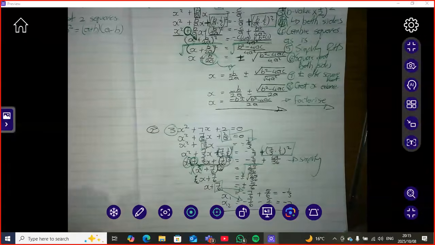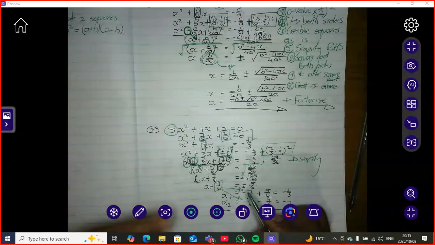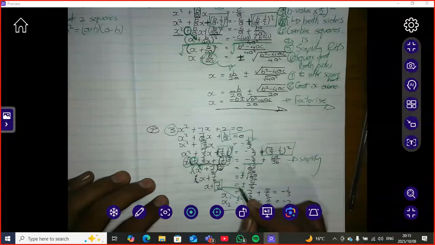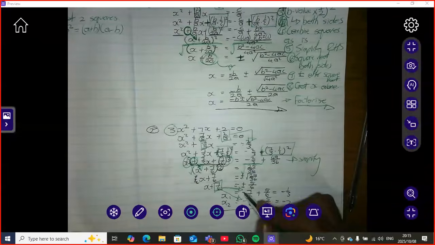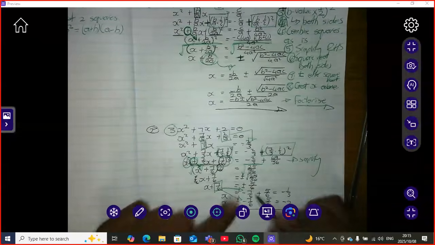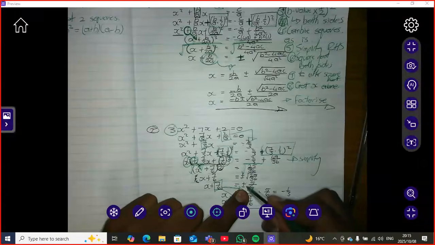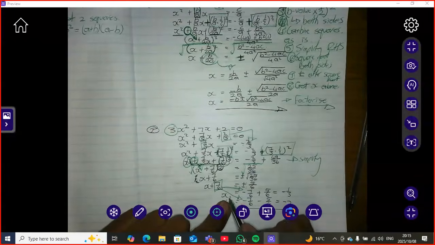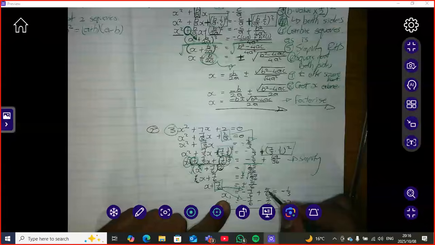Okay? So I square rooted everything, I got plus and minus. So my next step, I get my x alone, and by doing that, I take this to the right hand side. So I get negative 7 over 6. And because I have two values now, positive and negative, meaning two values, my first value would be x1. x1 equals my negative 7 over 6 plus 5 over 6.